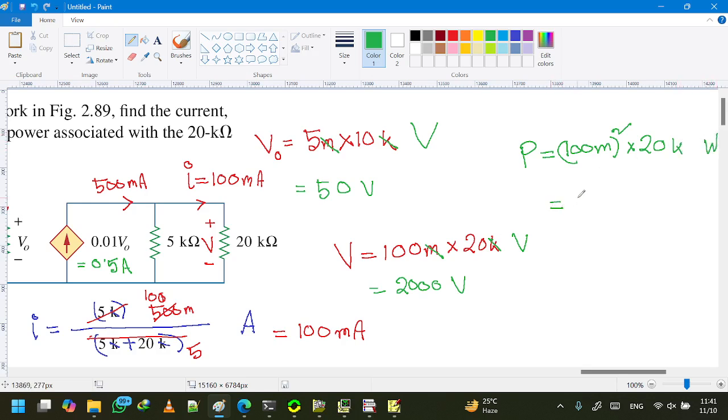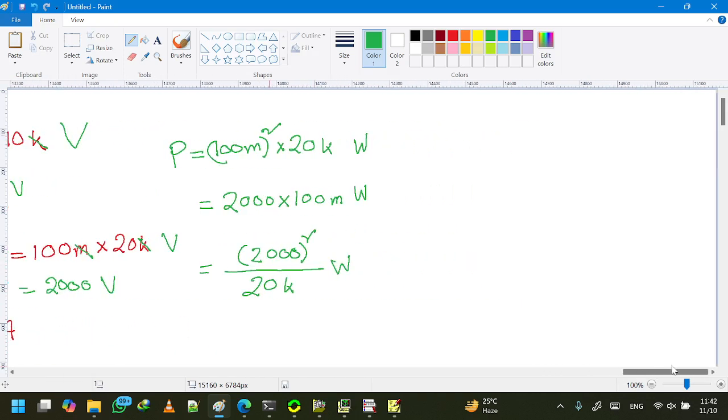We can have the same answer using 2000 volt multiplied by 100 milliampere, which is again watt, or we can use another formula, V square by R: 2000 square divided by R, which is 20 kilo. All of these three expressions will give us the same answer.